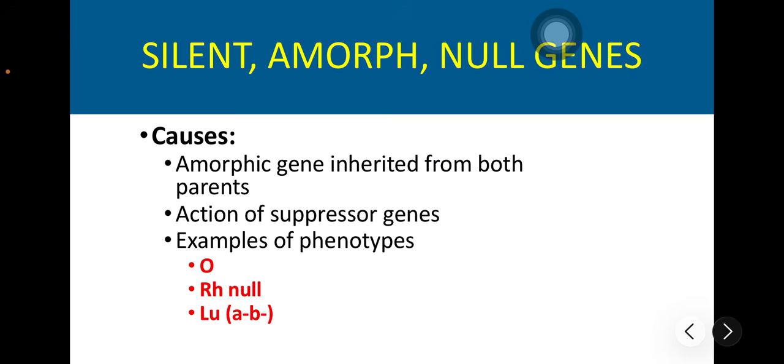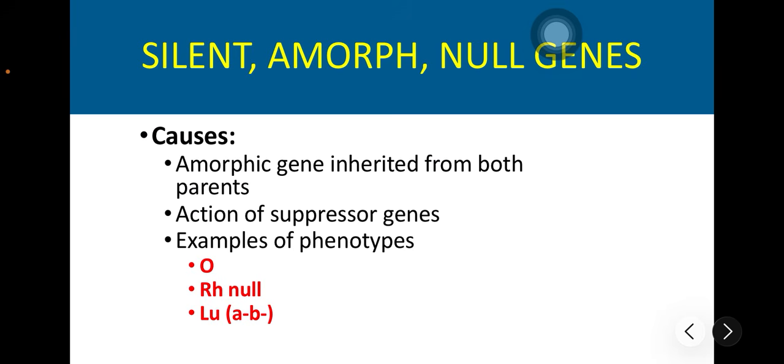We have examples of null phenotypes. We have the O, which is the amorph phenotype of the ABO blood group system. Rh null, found in the Rh blood group, does not allow the expression of the big D, big C, small c, big E, and small e antigens.